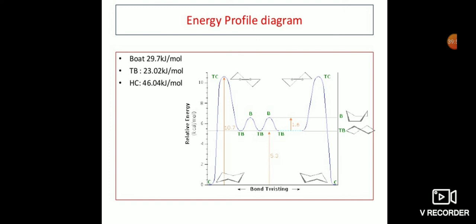C is chair form, and TC, not twisted chair, but we can say that this is half chair form, or twisted chair, you can also say. So this way we have all the conformations of cyclohexane.